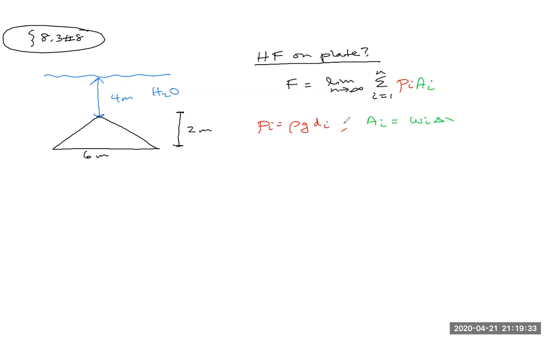Oh, sorry, in this case, I'm still going to call it y. I know your book calls it x sometimes when you're going in the vertical direction, but the easiest way for me is just to keep it as y if you're going vertically, okay? So we're going to need to find d_i, and we're going to need to find w_i.